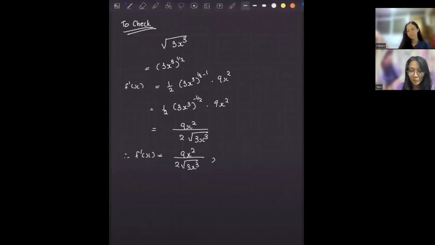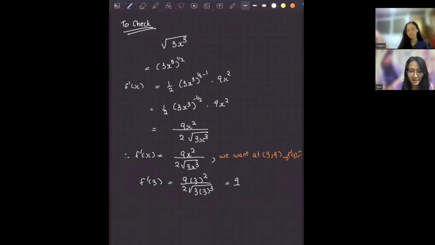So as we want the point (3, 9), we have to find f prime 3. So f prime 3 equal to, we can substitute 3 for all x, so we get 9 by 2. So we can know that this is correct, that it matches our initial answer.